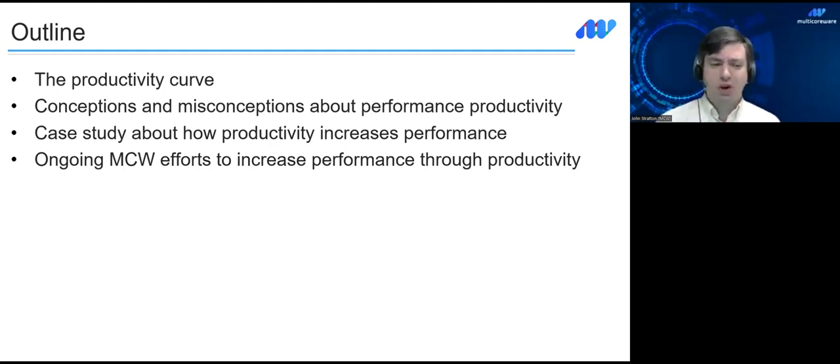Once we've got that framework established, we'll talk about some conceptions and misconceptions around performance optimization and productivity. We'll go into some case studies about how productivity can actually increase performance of a given system, and then some allusions at the end to some ongoing efforts we have at Multicoreware to continue to increase performance through productivity efforts overall.